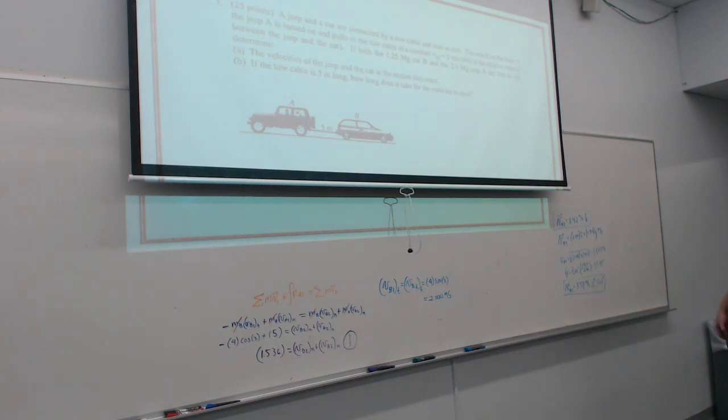If both the 1.5 megagram car and the 2.5 megagram Jeep A are free to roll, they're in neutral. We want to find the velocities of the Jeep and the car at the instant they meet. If the tow cable is 5 meters long, how long does it take for the vehicles to meet?